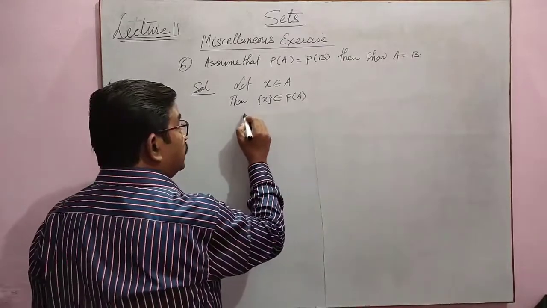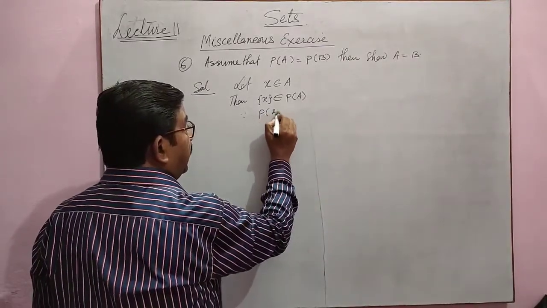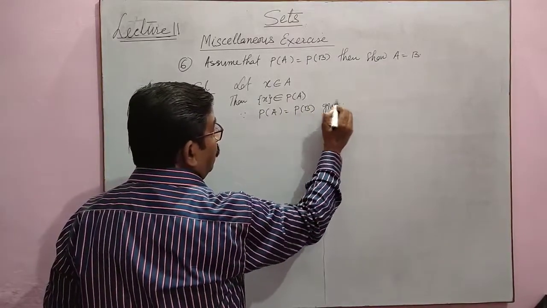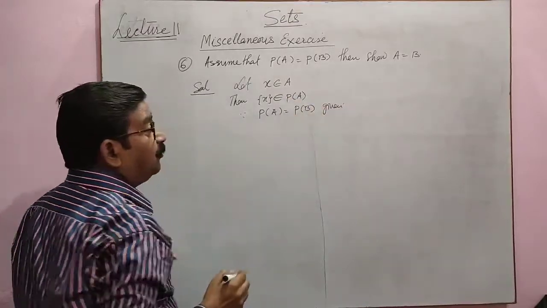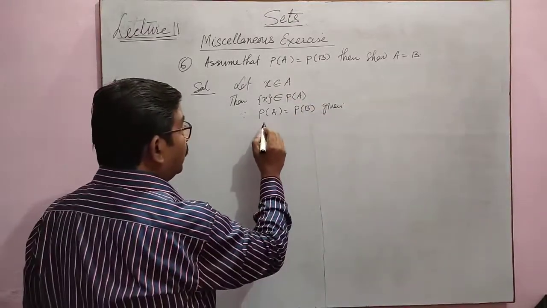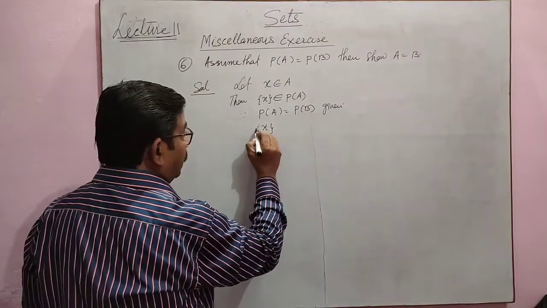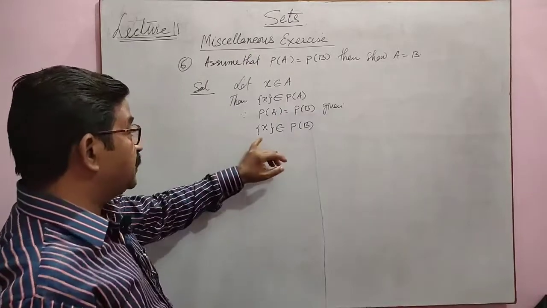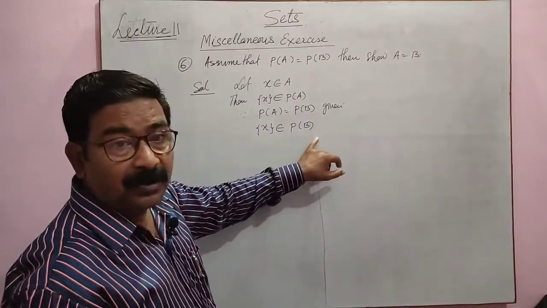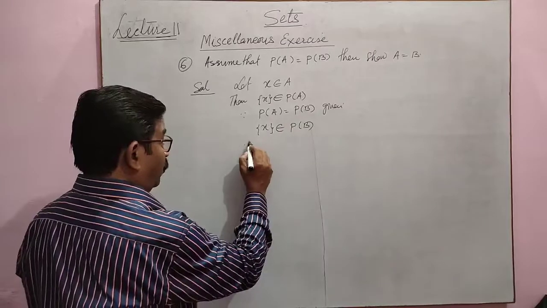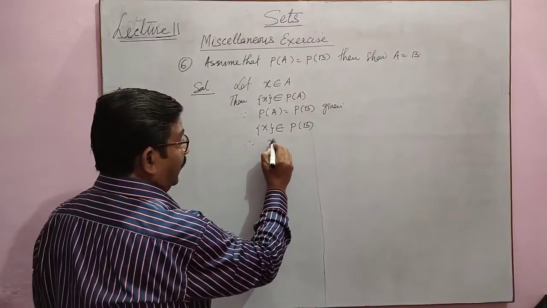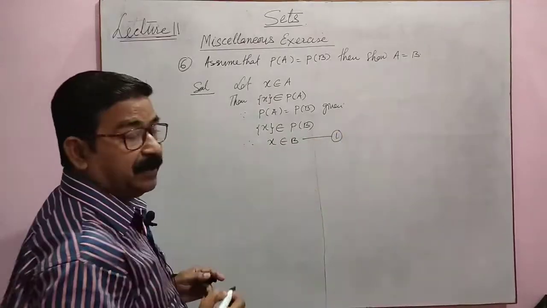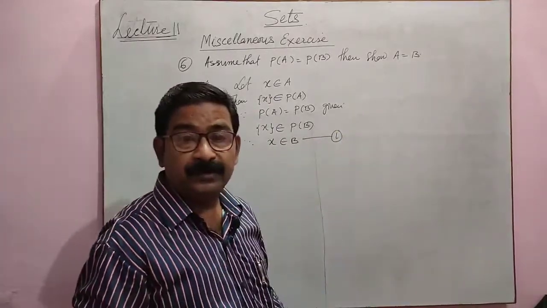Since PA is equal to PB, given, in place of PA we can write PB. So X belongs to PB, and if this subset belongs to power set B, we can say that X belongs to B. We have got an equation.